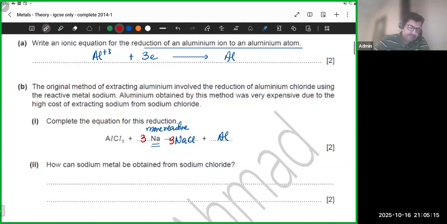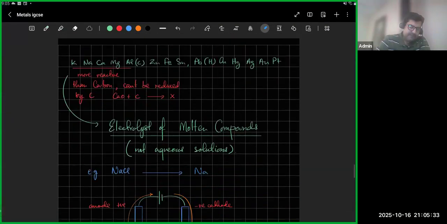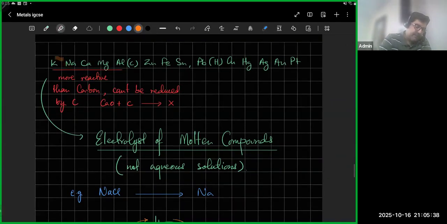Now we've got this question, how can you extract sodium metal from sodium chloride? So this is about extraction of metals, and he's talking about the very reactive sodium metal. If we go back, the last thing that we did, these reactive metals that include sodium as well, up till Al, above carbon, it was very hard to reduce them because they were so reactive, they were always losing electrons.